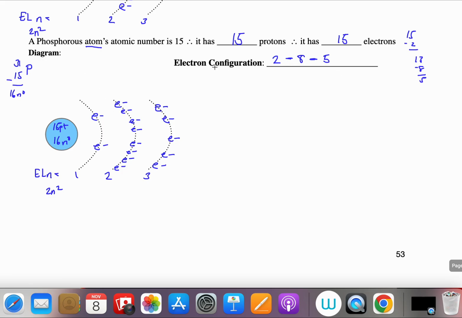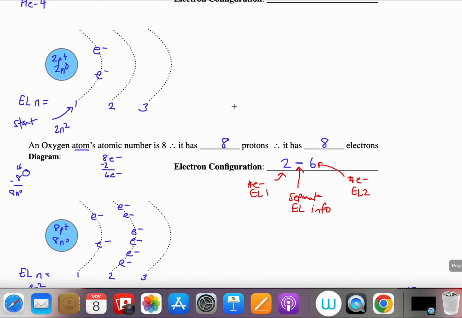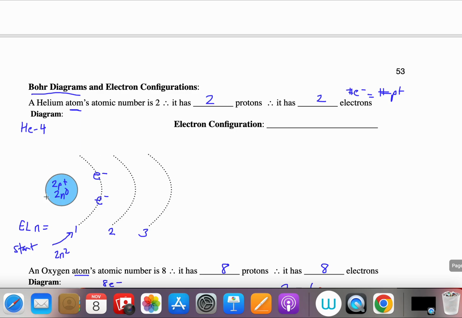I know that I didn't do the electron configuration for helium, so I'm going to go back up to the top here. Helium's electron configuration is very, very short because we only put electrons in the first energy level. So it's just a 2. All of the other energy levels are empty.